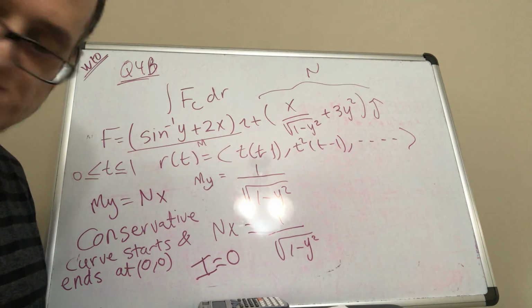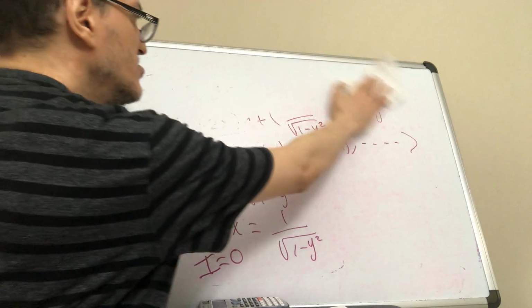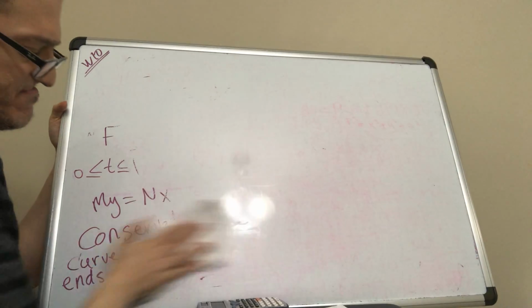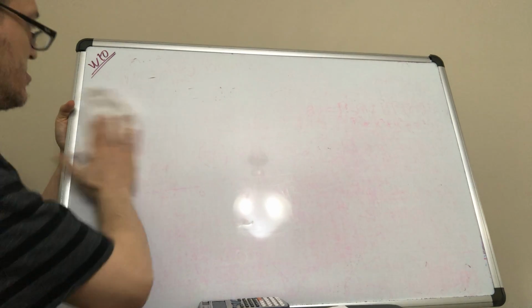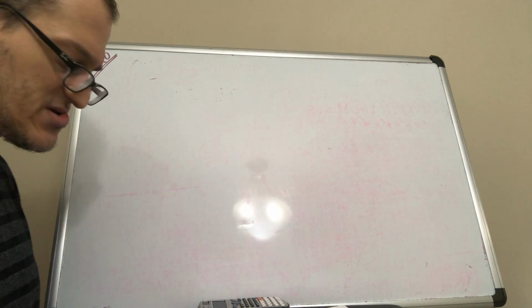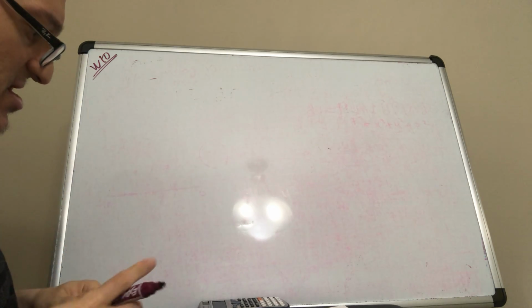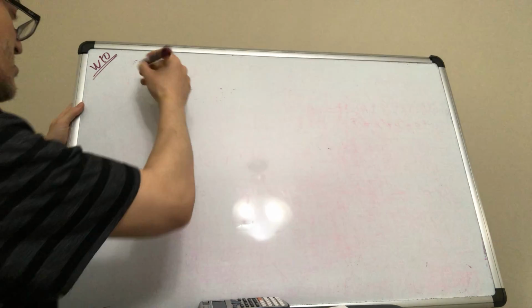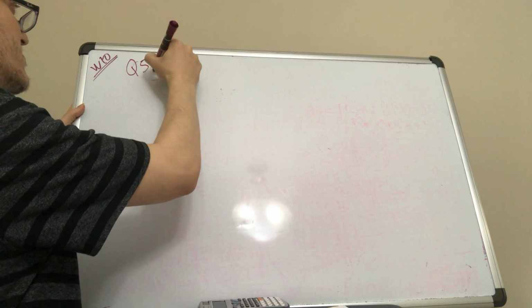Now, the last question. When I looked at it on your sheet, it wasn't so clear; it was supposed to say continuous. This is question 5A.